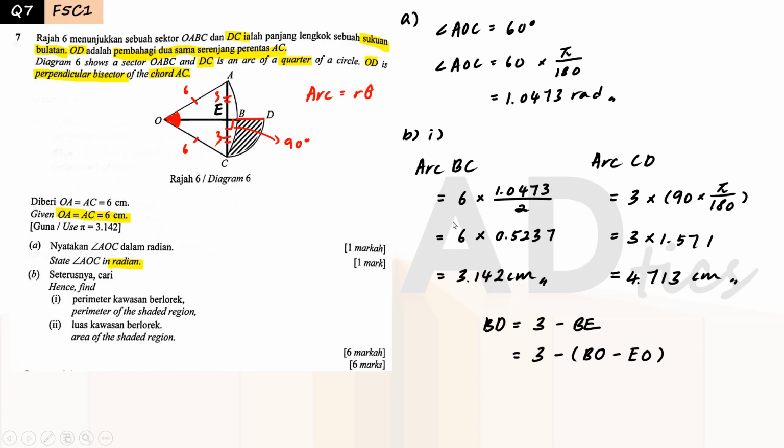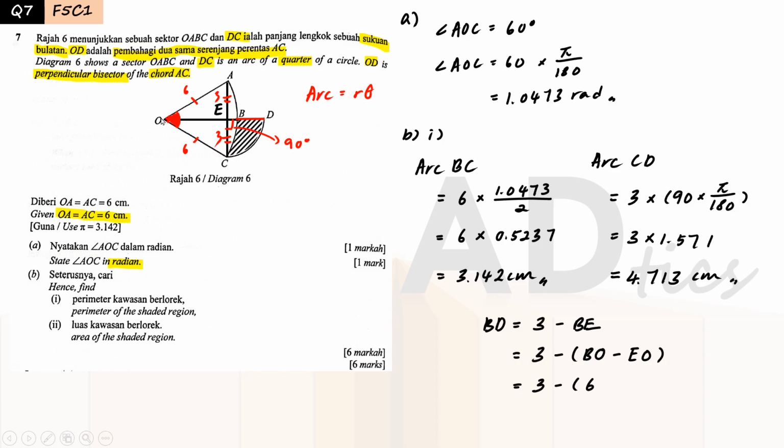So BE is BO, the whole line here, minus EO. BO is actually the radius of this sector, which is 6. So that one is settled.